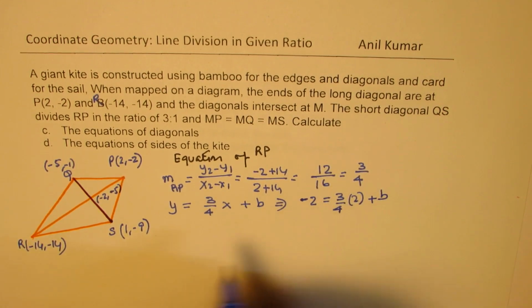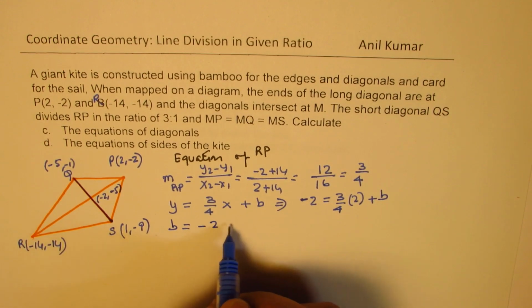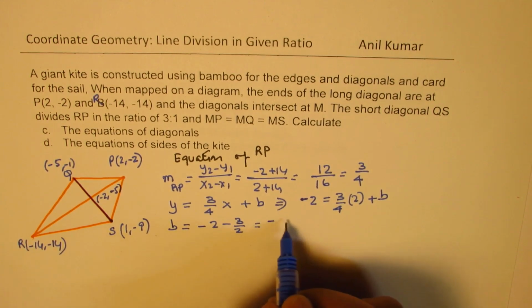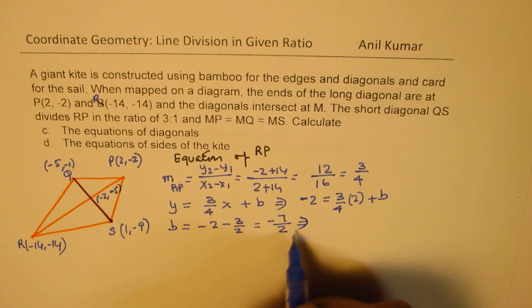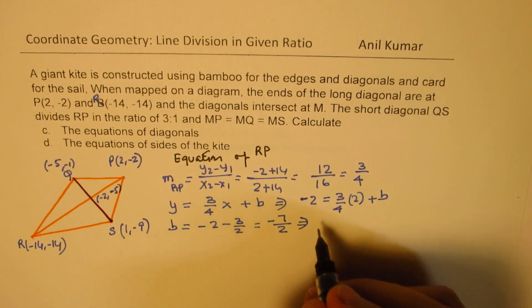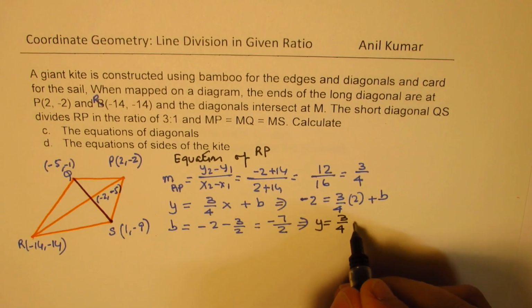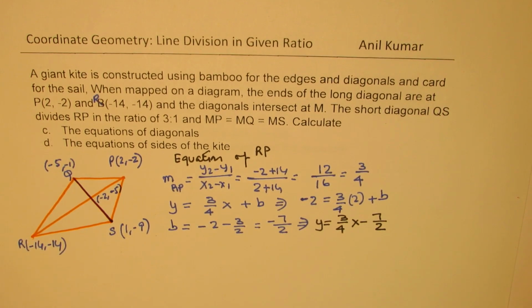So that gives you the value of b as equal to -2 minus 3 over 2, which is minus 4 over 2 minus 3 over 2, minus 7 over 2. And so we have this equation as y equals 3 over 4 x minus 7 over 2. Correct? That is one diagonal.